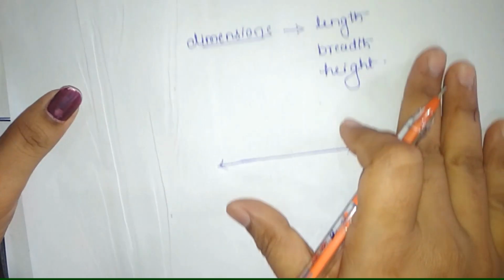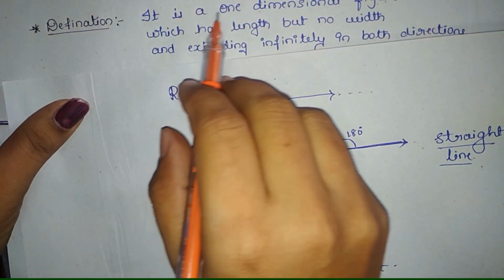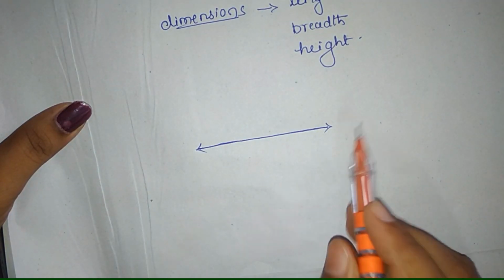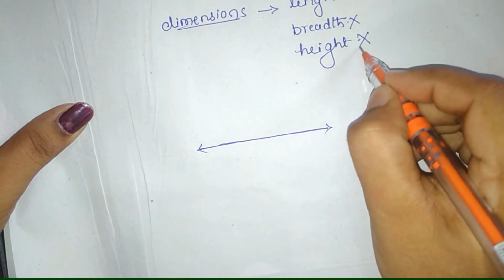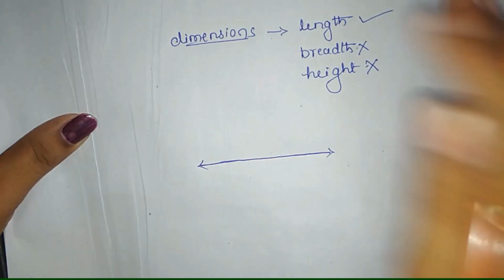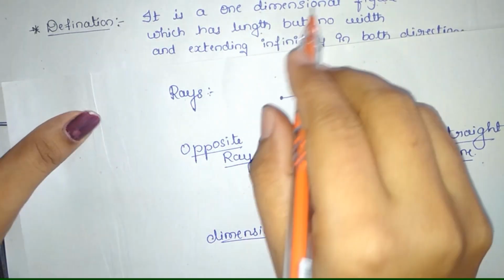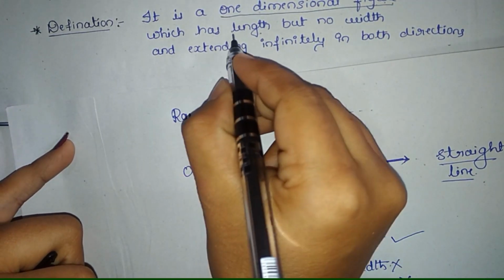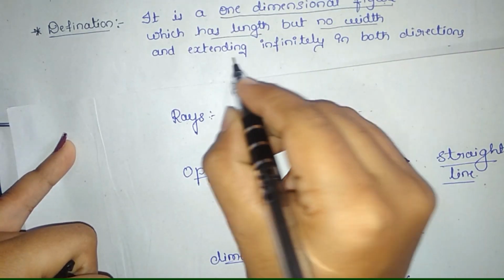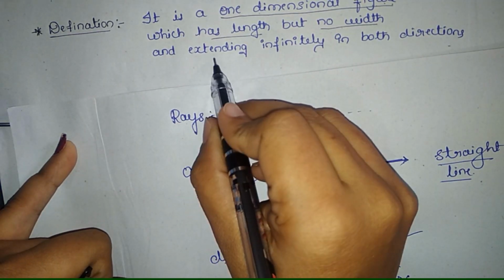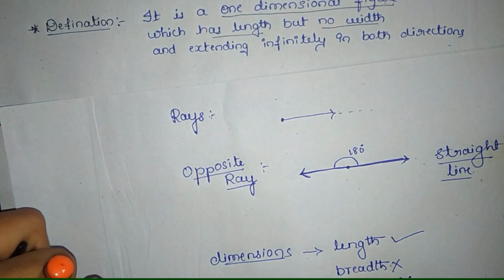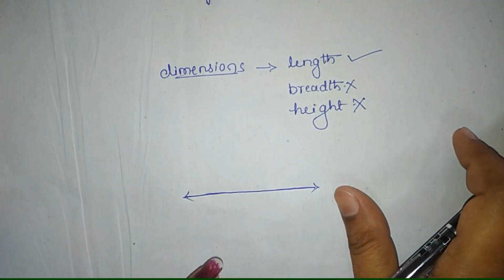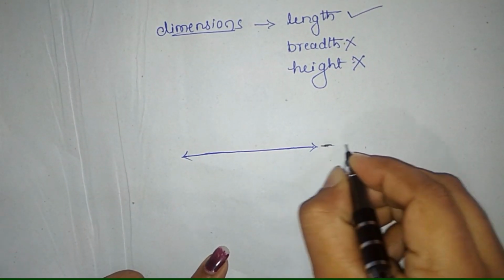Okay, now the definition means it is a one dimensional figure which has only length, no breadth, no height. It has length but no width and no height, and it can be extended infinitely in both directions. What does it mean?